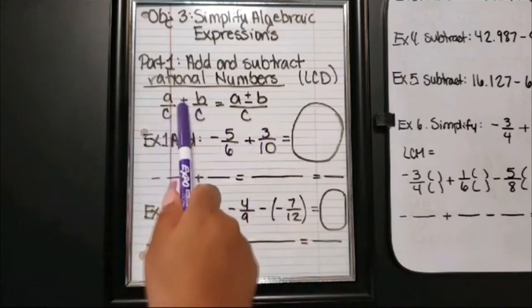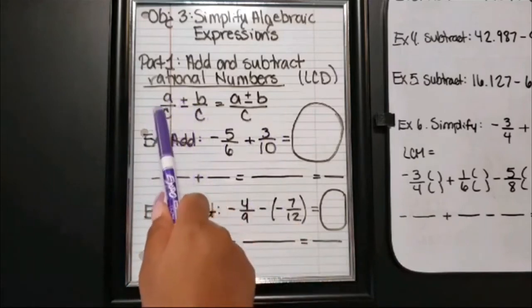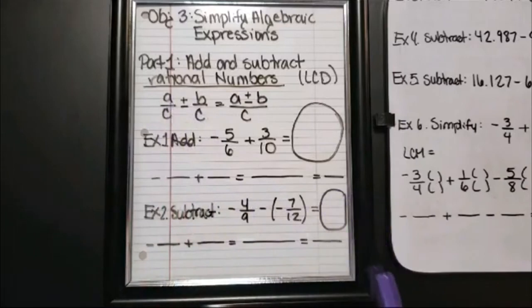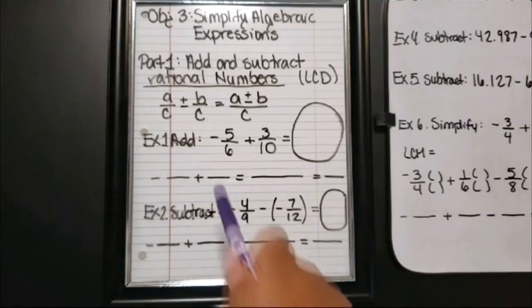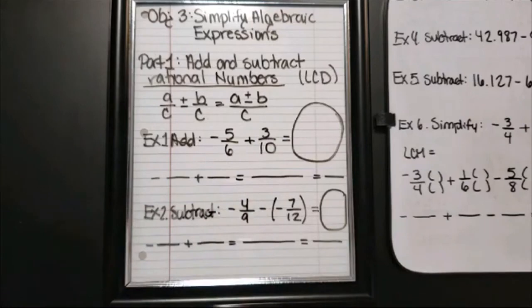Most important part, whether you are adding or subtracting, the denominator needs to be the same in order for you to add and subtract fractions. So you want to look at your denominators and find the LCM, the least common multiple, or you can call it the LCD, the least common denominator, whatever you want to call it, as long as you have that common denominator so that you can add or subtract your fractions.